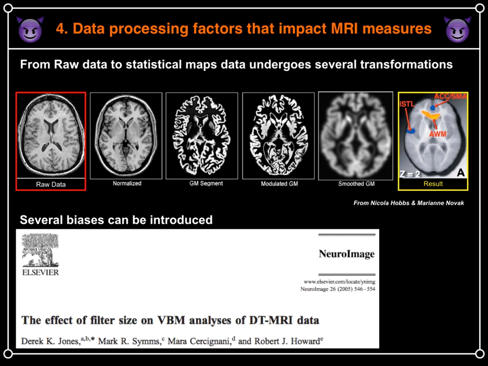For instance, one study showed that depending on the filter size, the smoothing kernel that you use, you can take the same data, use different smoothing sizes, and get completely different statistical maps. You can conclude that one group is quite different from the other group in certain brain regions, and it has very little to do with the anatomy, but is purely because of the way certain parameters were chosen.